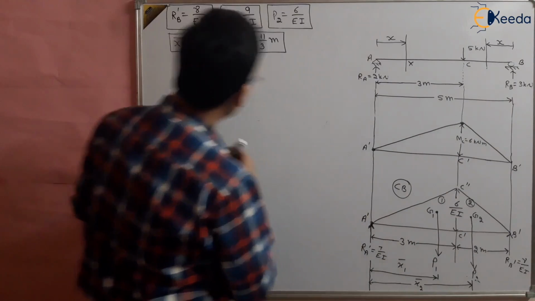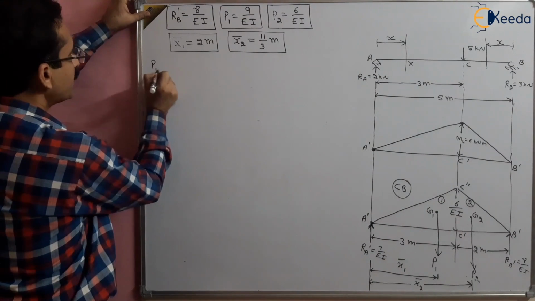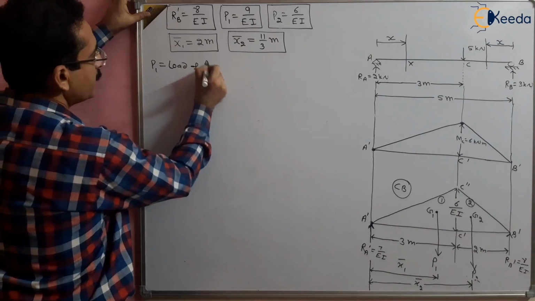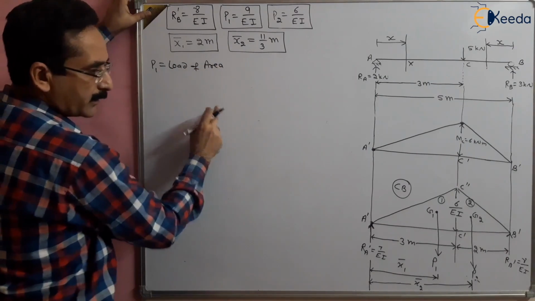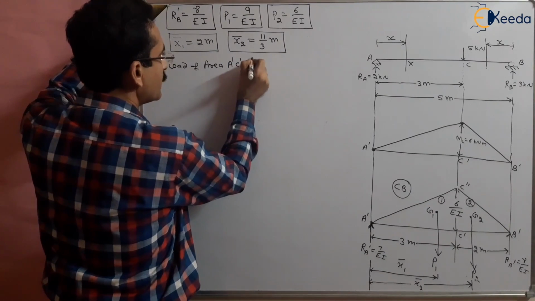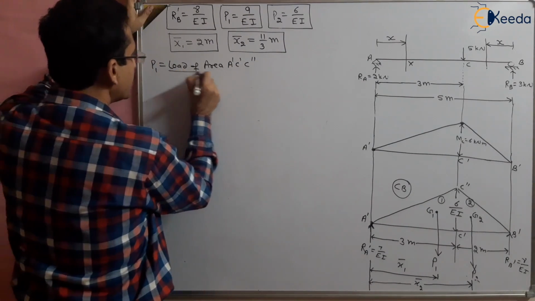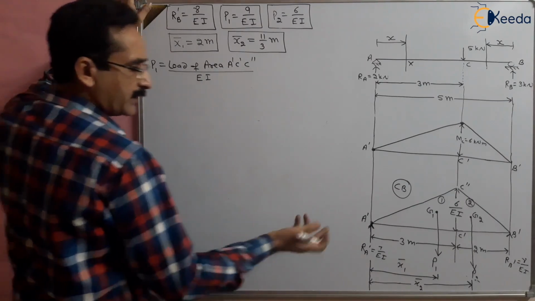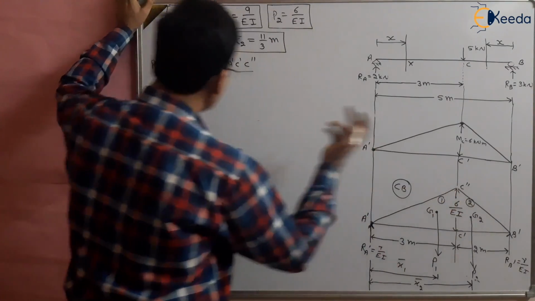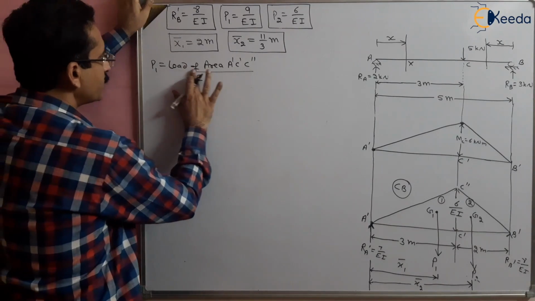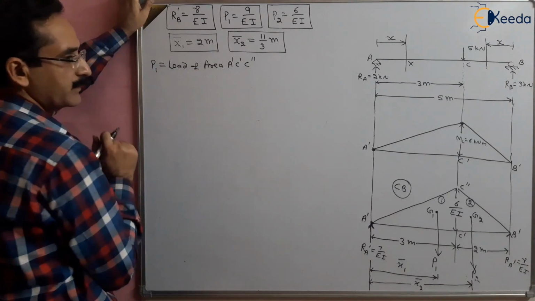So P1 here is the load of area A dash C dash C double dash, divided by EI. EI is already there, so it can be written like this.